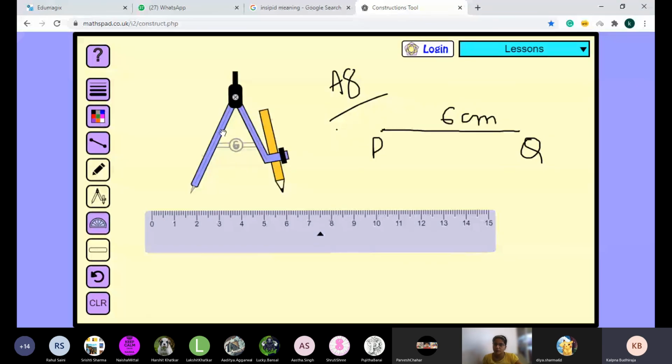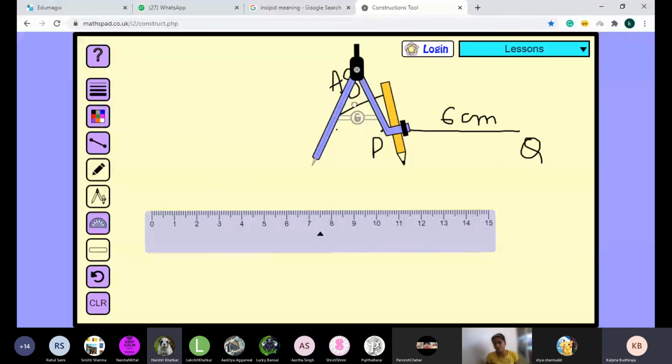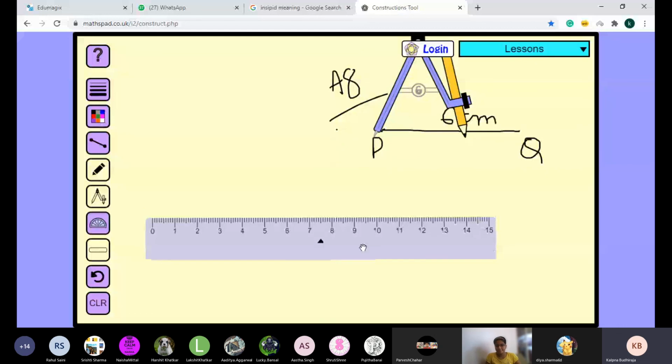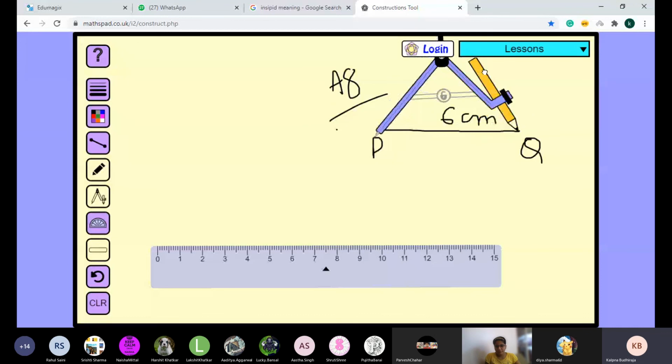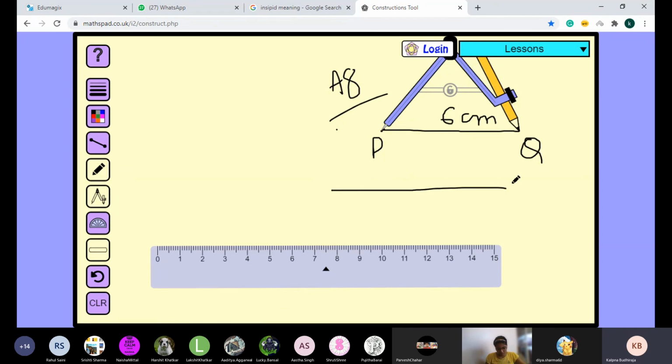Now the important point is copy. अब हमें इसको copy करना है. तो कैसे copy करेंगे? All of you look here. So we are going to measure this. You will place the needle at P and place the pencil at Q. For this you will draw a line L. ठीक है? Line L draw करना है.